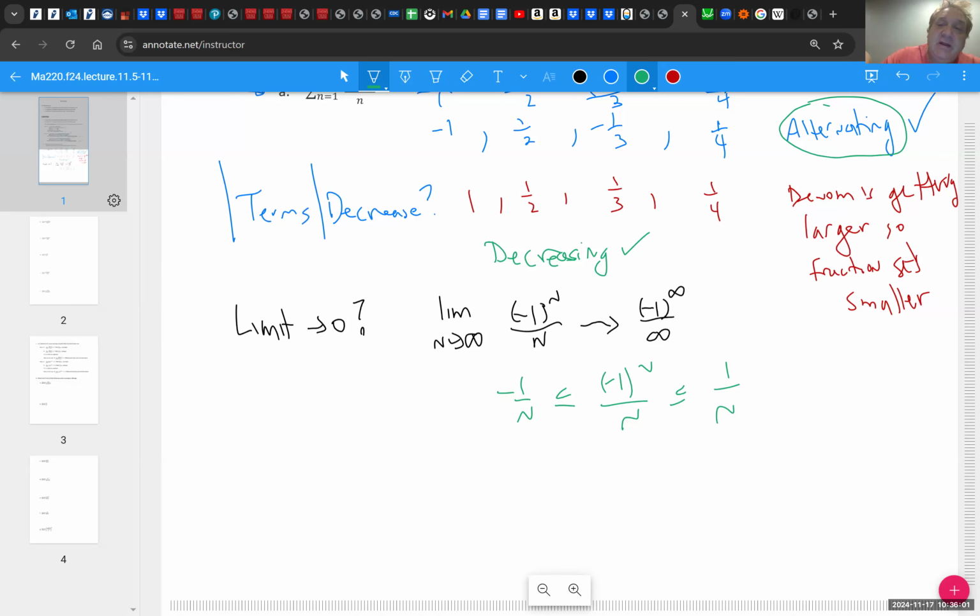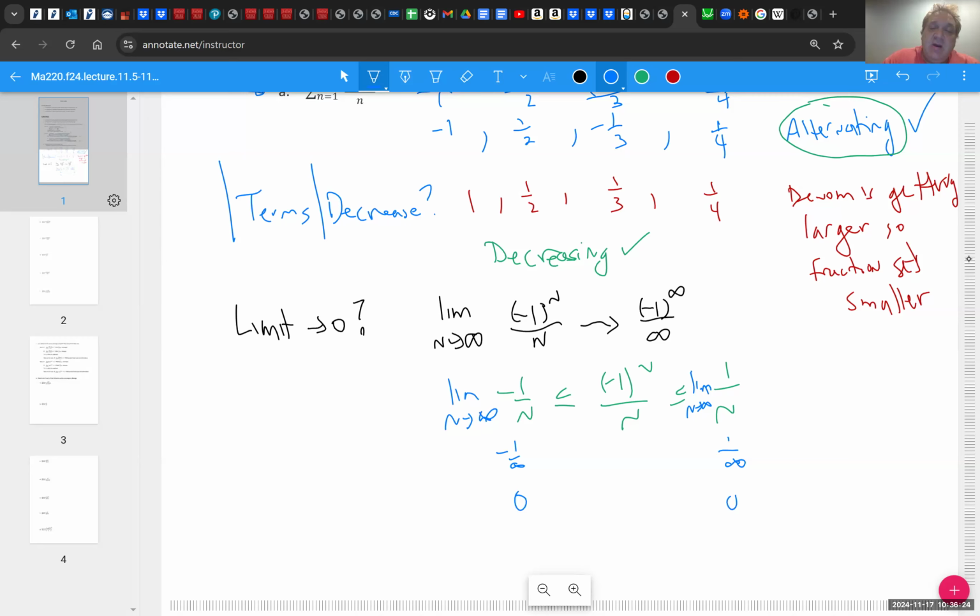When I take the limit as n goes to infinity of -1 over n, I get 0 because it's -1 over infinity. So we get 0. When I take the limit as n goes to infinity of 1 over n, I get 1 over infinity. And 1 over an infinitely large number is definitely 0.